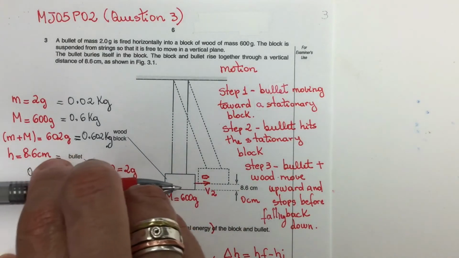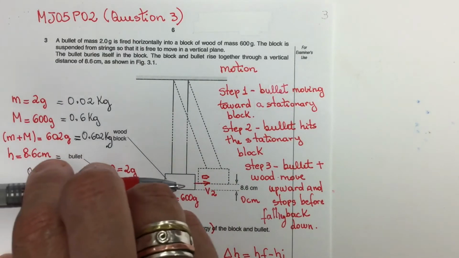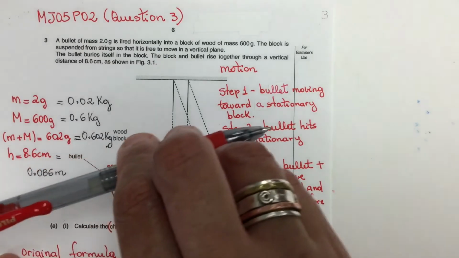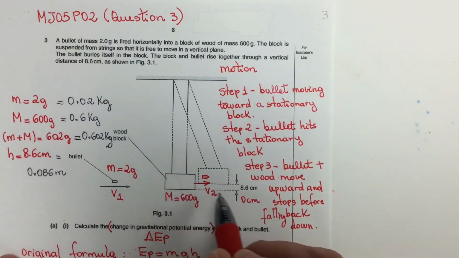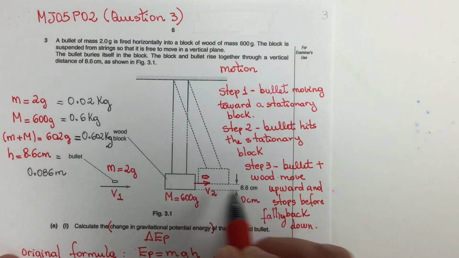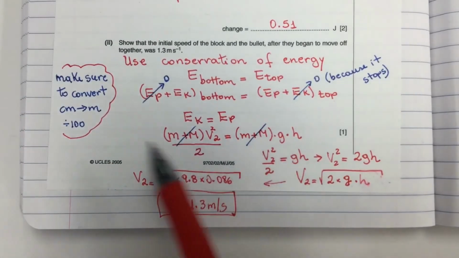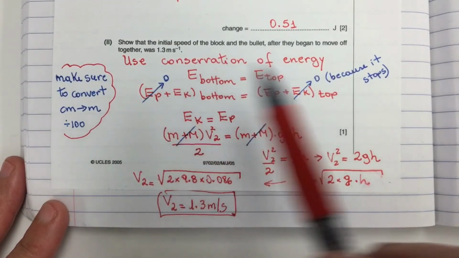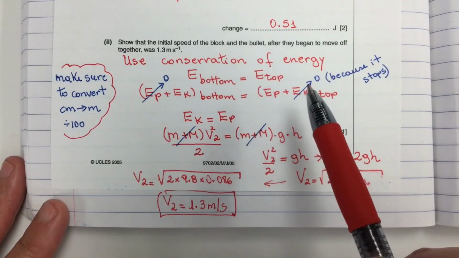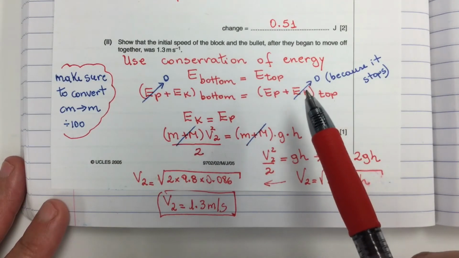However, the initial velocity here is not 0 because it needs this velocity to rise, right? But we don't have height here because we are at ground 0. So because of this, our potential energy at the bottom is 0 and our kinetic energy at the top is also 0 because it stops.